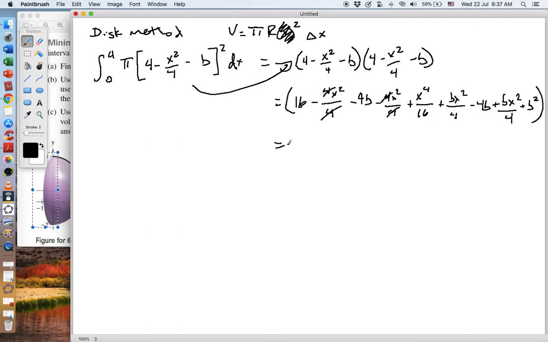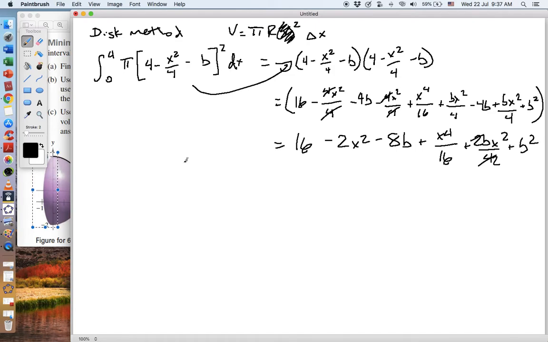And we can combine like terms, and we get 16 minus 2x squared, minus 8b plus x to the fourth over 16 plus 2bx squared over 4. We can get rid of that, put a 2 on the bottom there, and b squared. And then we can come back to our integral.